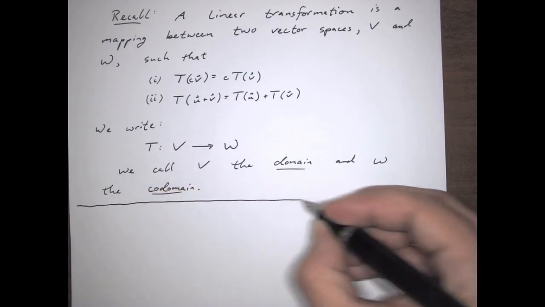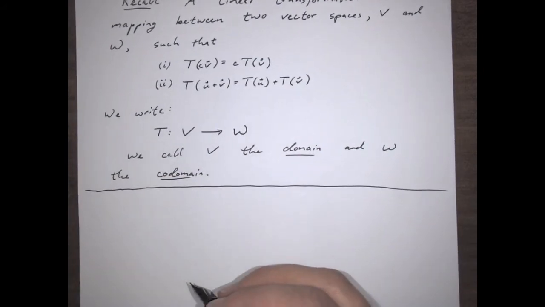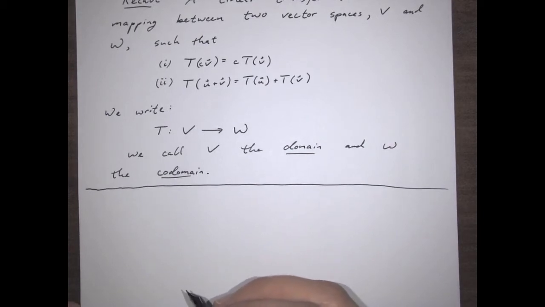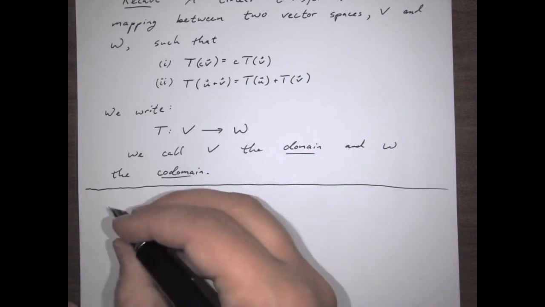But for every linear transformation, we can use it to define two different vector subspaces. And those vector subspaces will on the one hand be in V and on the other hand be in W.